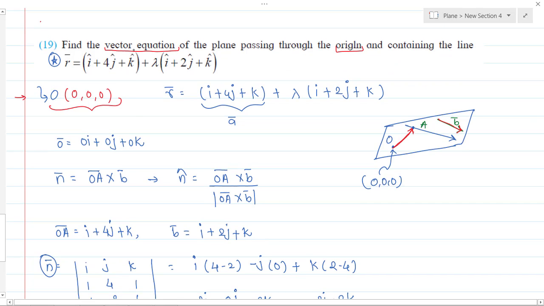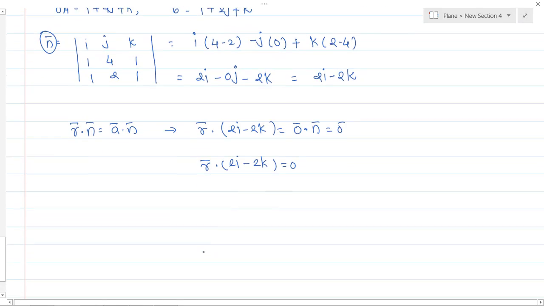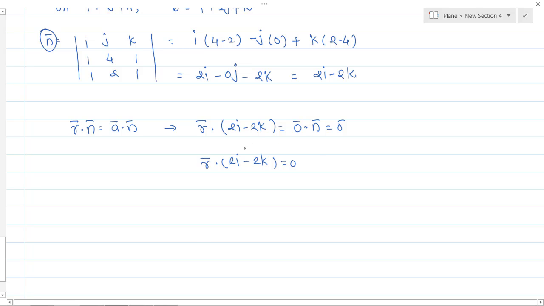Taking 2 common and dividing by 2 on both sides, we get r bar dot (i minus k) equals 0.